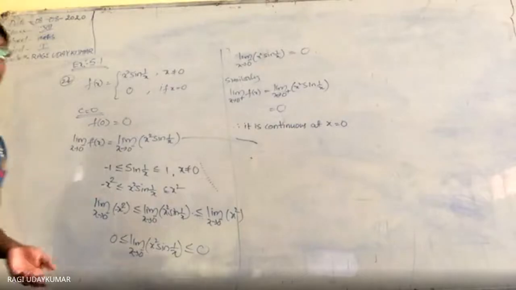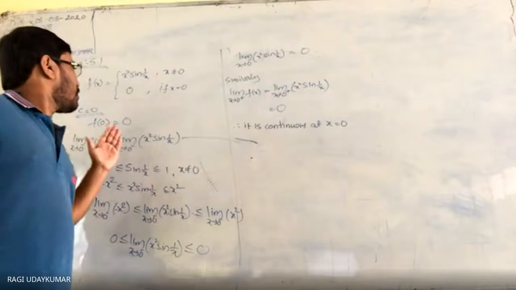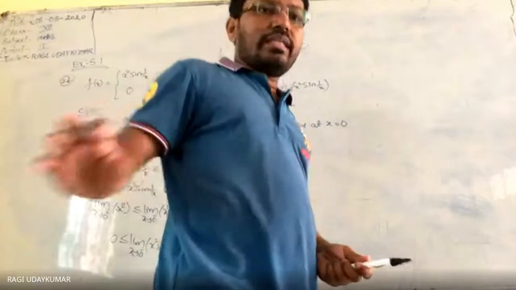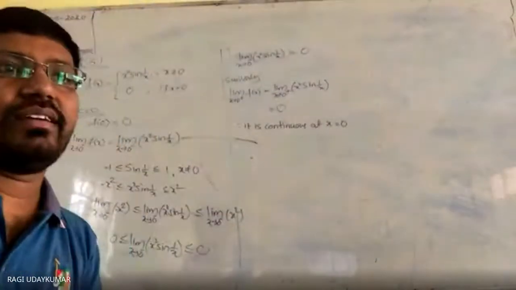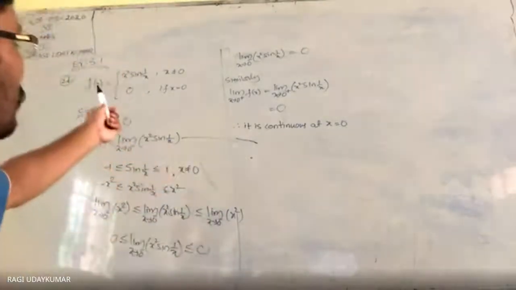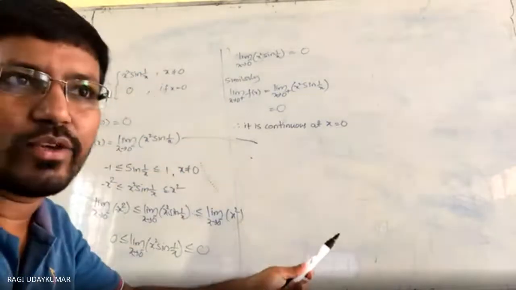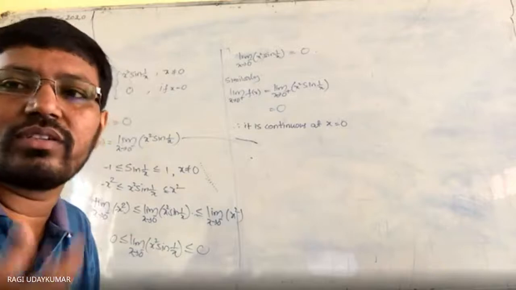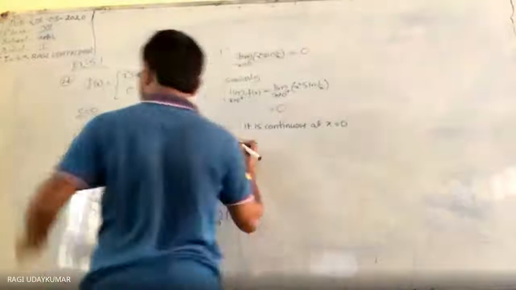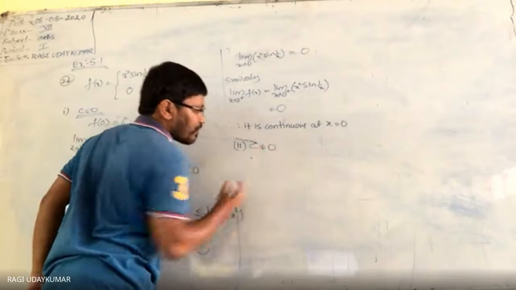If it is non-zero, it is continuous too, so it is continuous everywhere. If you substitute any non-zero c, you get c square into sin 1 by c, and the limit value is also c square into sin 1 by c. So both are equal. This is the first case, c not equal to 0. Second case, c equal to 0, you need to take.